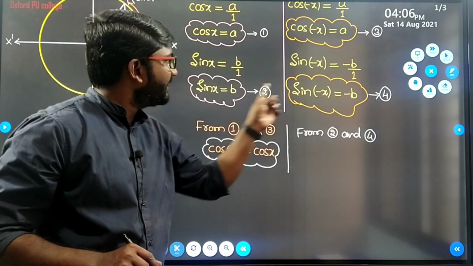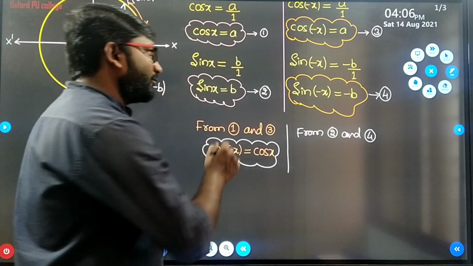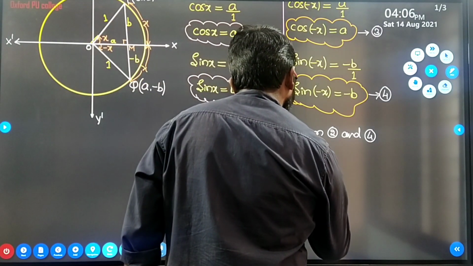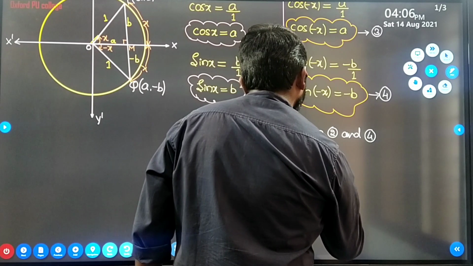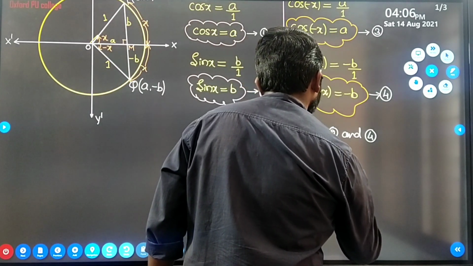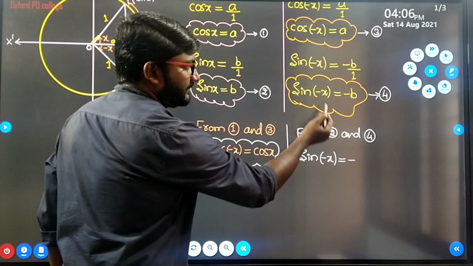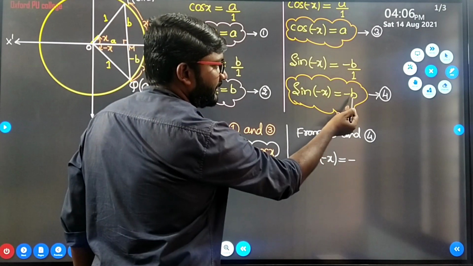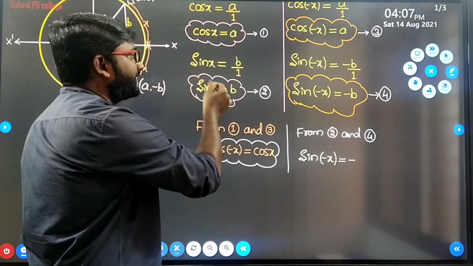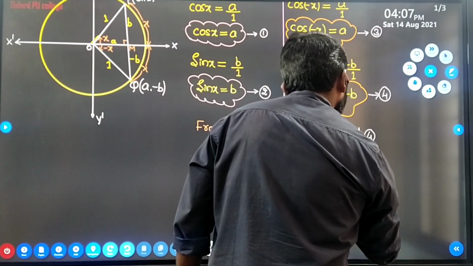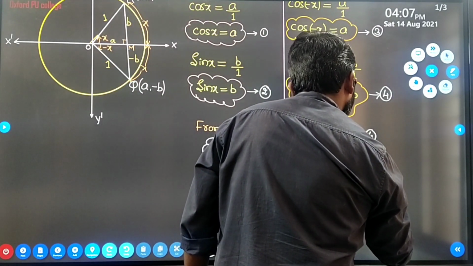In place of b, I can write sine x. So overall what we get here? Sine of minus x is equal to minus b. What is b here? B is nothing but sine x.